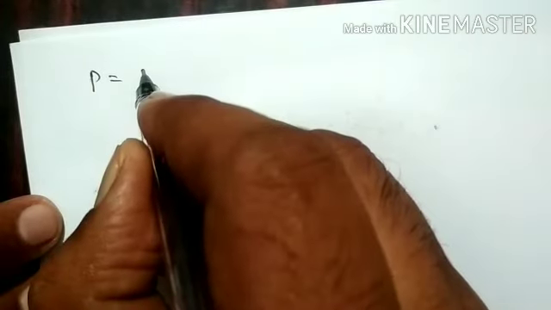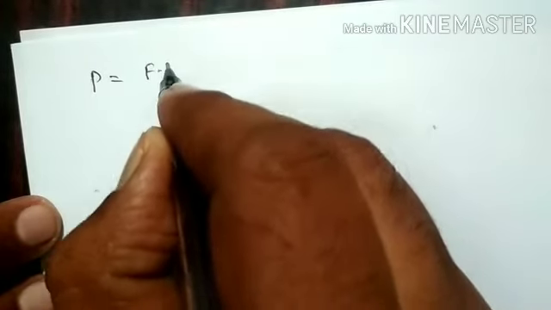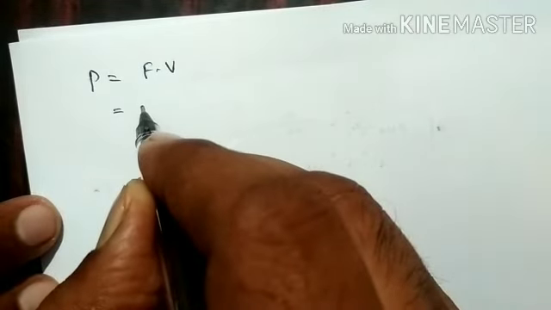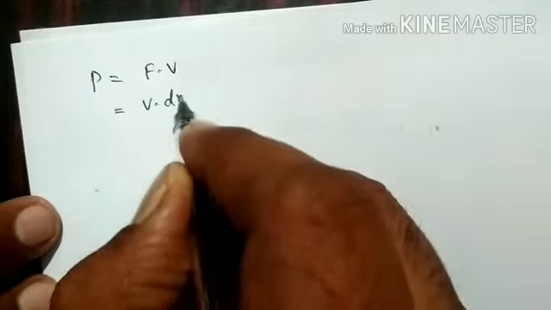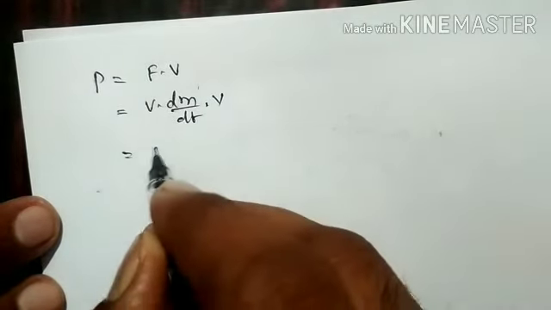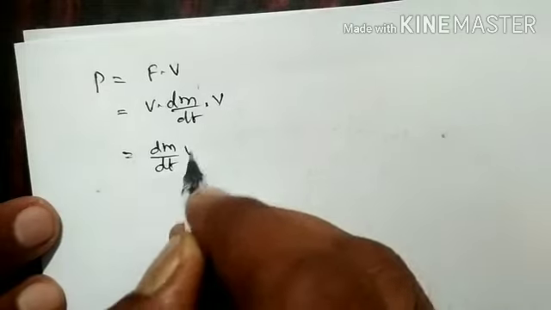Continuing that equation, the power delivered by the motor, P, is equal to force into velocity. What is the force I have taken? For a variable mass system, it is v into dm by dt, into v. So you can write dm by dt times v square.